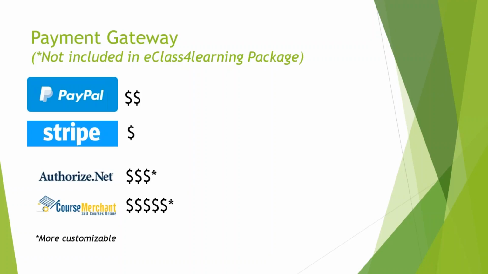So Authorize.net is a good one. Course Merchant, by far, they have a programming staff that will work with you and probably can do the most, but it is also the most expensive as well. So if you have very unique needs for your store, sometimes we might recommend that you look at Authorize.net or Course Merchant. If it's a fairly standard, straightforward purchase, then PayPal or Stripe are two that I would recommend.